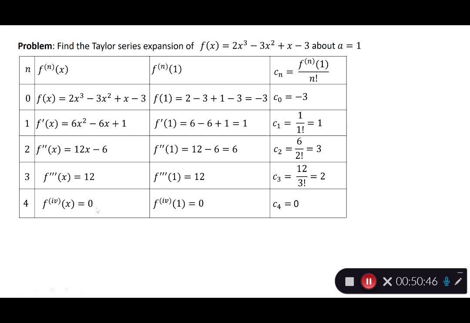So 5th, 6th, 7th, 8th, all of them are just 0. Not only are the 5th, 6th, 7th, and 8th derivatives 0, automatically that makes the constants C sub 5, C sub 6, C sub 7, and so on to be 0 as well. So all the remaining constants are 0. Only the non-zero constants end up being C0 through C sub 3.